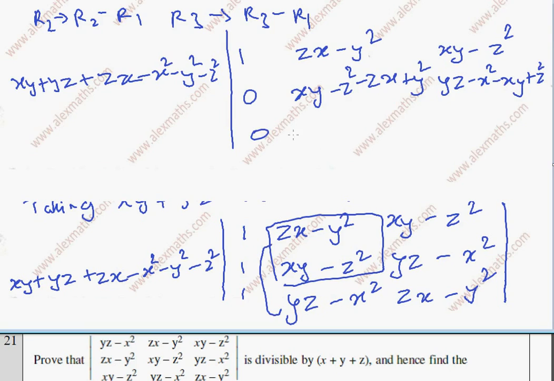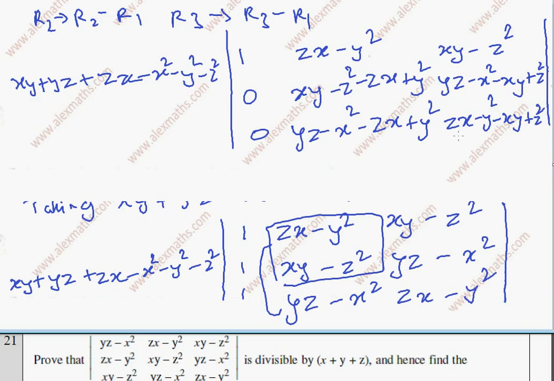So this and this: yz minus x square minus xz plus y square. Then zx minus y square minus xy plus z square. Okay. Now after this, we have to group these two and these two. Similarly for the other terms also.